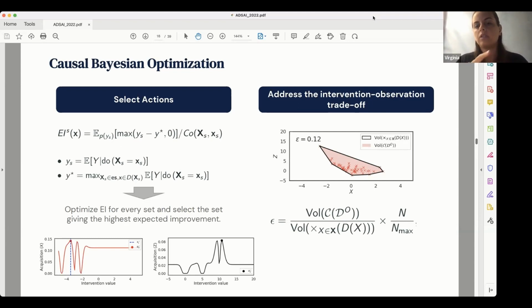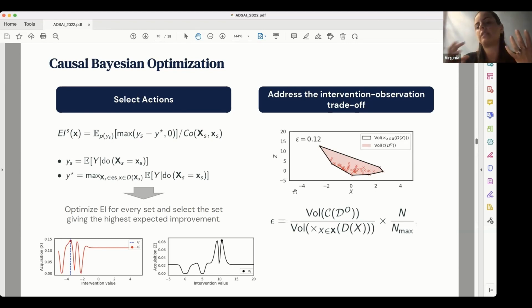So you see here this graph where you have the outer black line that corresponds to the interventional domain, which is fixed by the user. And in red, you see the convex hull of the observational data.